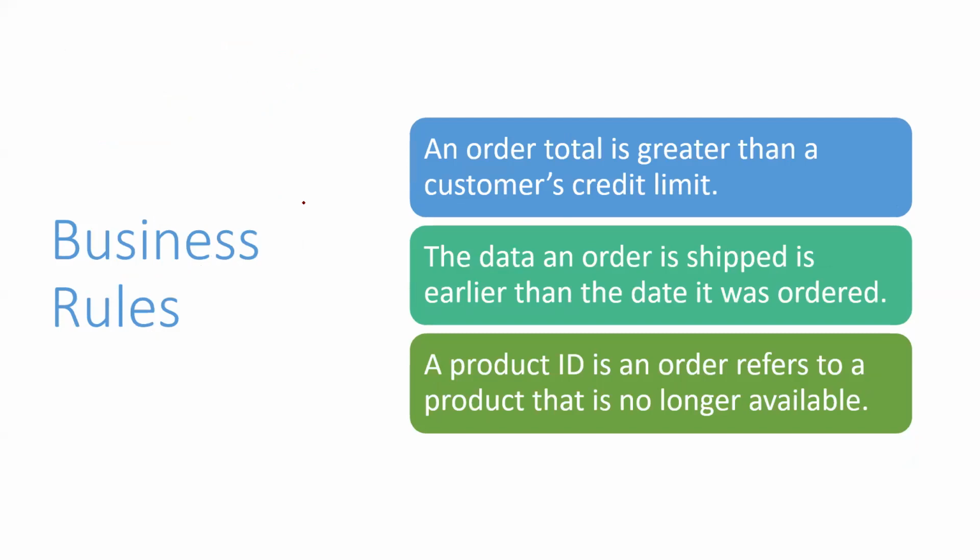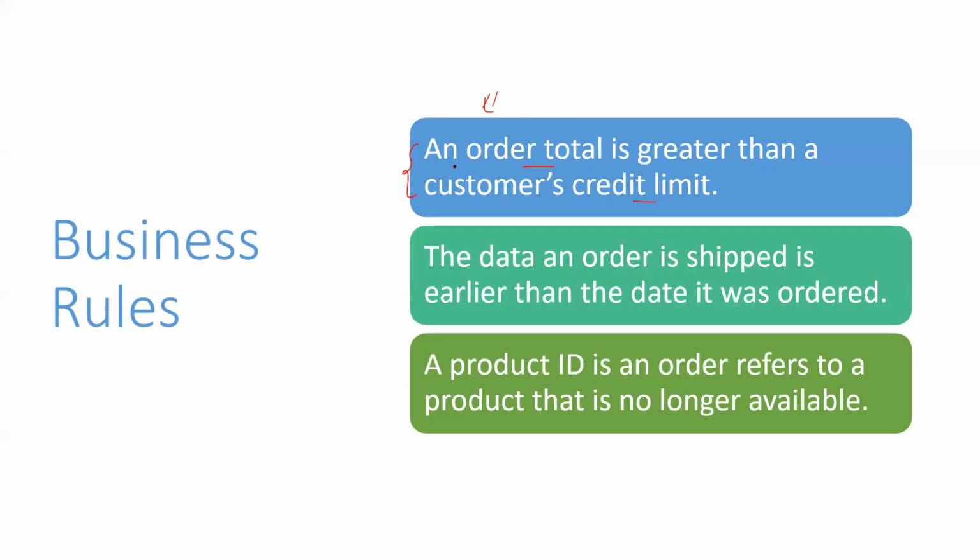Every company has its own business rules. For example, if an order total is greater than the customer's credit limit, that is a business rule we need to consider. Working in a finance company, if the total order is greater than the customer's credit limit, then we need to exclude that condition.